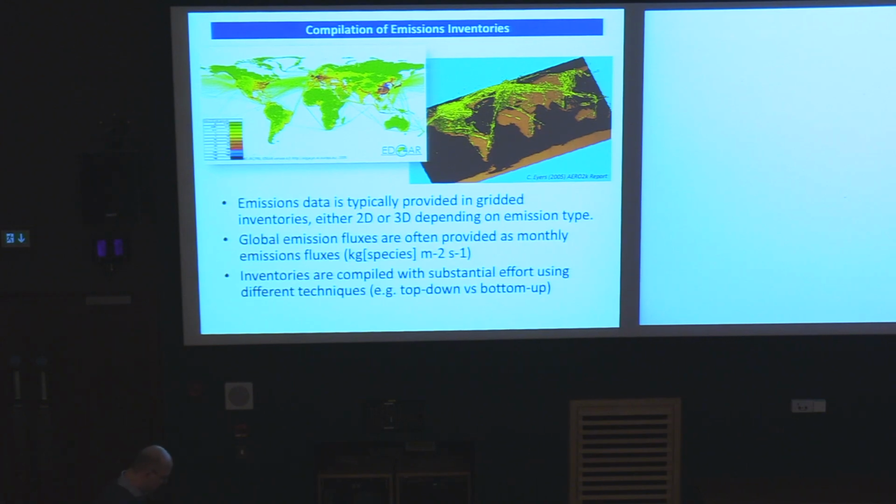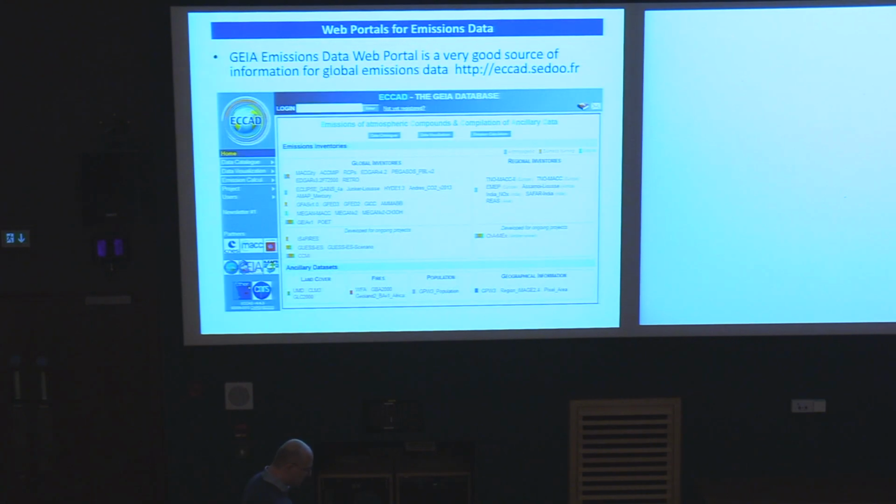And where can we get this data from? There are various websites where you can download emissions data. One example that I've used in the past, and which I think is a very good website, is the GAIA database.